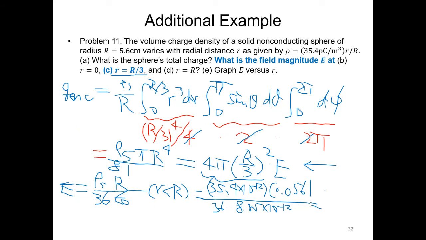So the answer will be 6.22 times 10 to the minus 3 Newton per Coulomb.